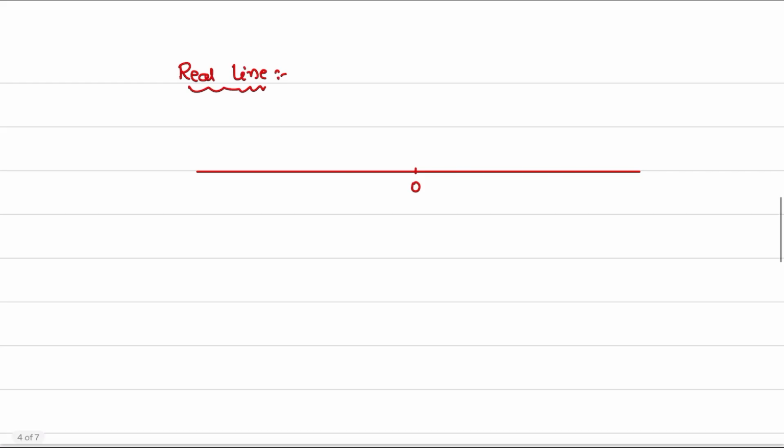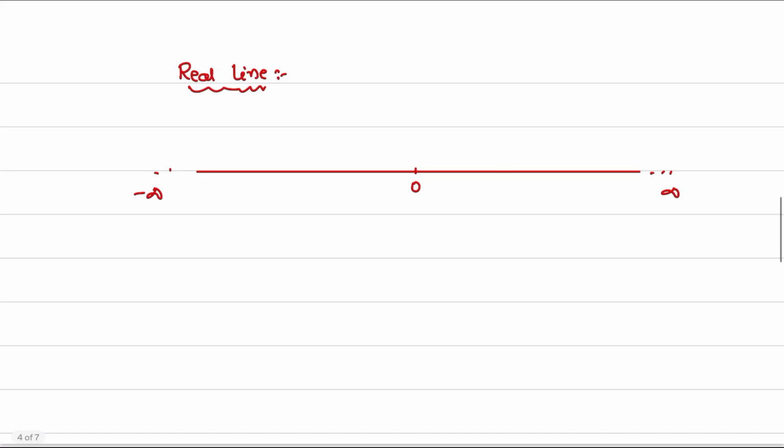Now, we will go to some important definition before going to the complex number, of real line. How are these represented? A line is there, and here it is 0. Here it is up to minus infinity. Here it is up to plus infinity.